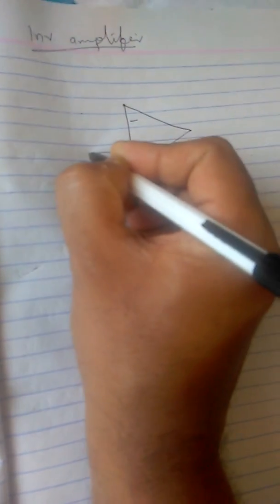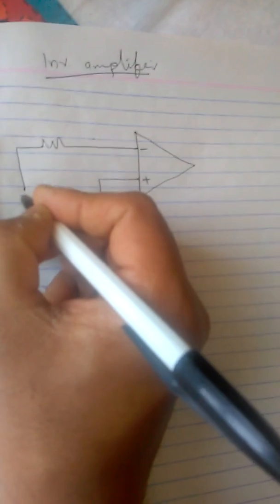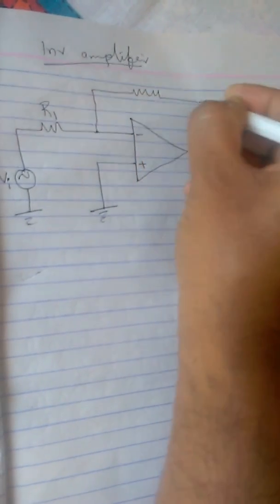Inverting amplifier means I need to ground the non-inverting terminal. So this is R1, this is Vi, this is RF, this is V naught.